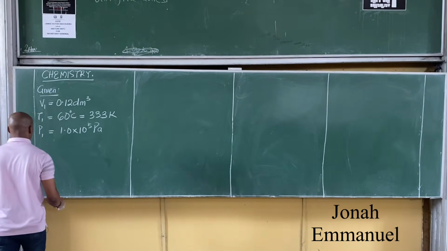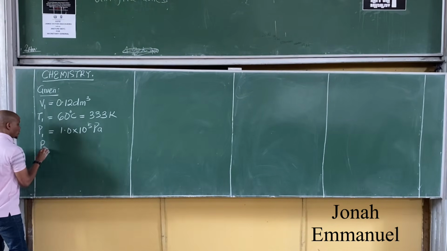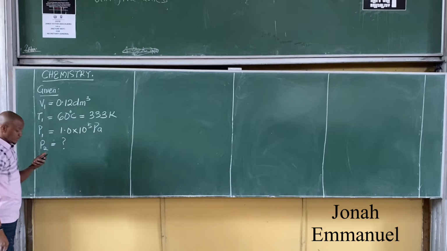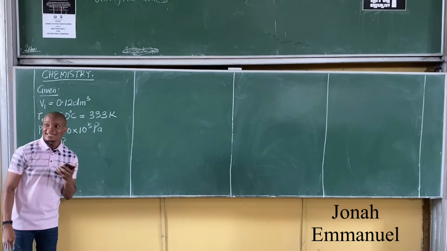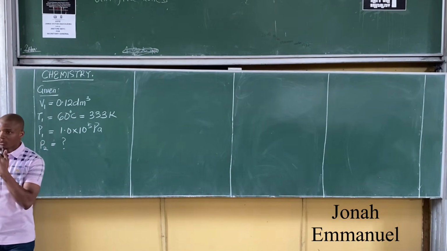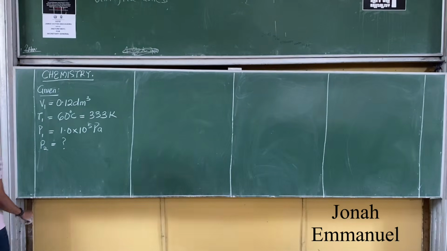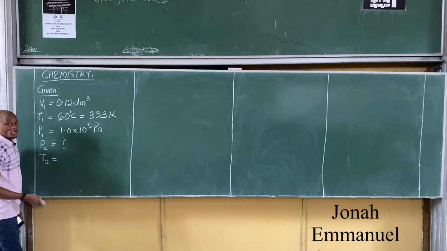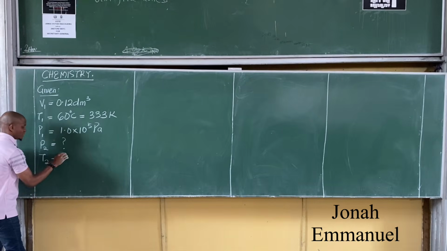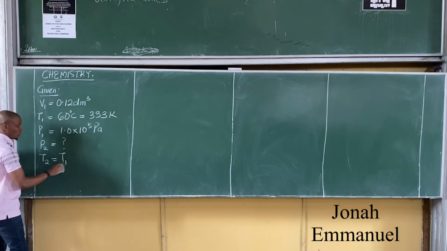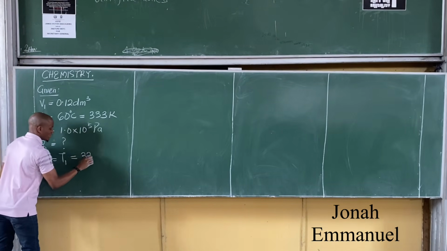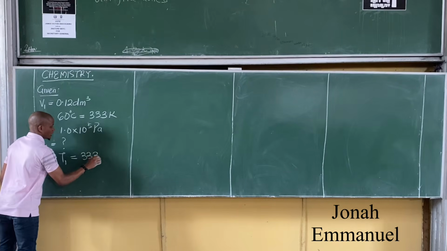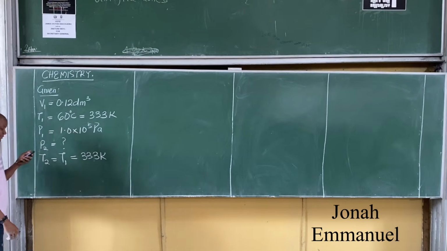Find the pressure. So P2 is unknown. Find the pressure at the same temperature. What's T2? We said at the same temperature. If the same temperature, what does it mean? T2 is equal to T1, which is equal to 333 Kelvin.